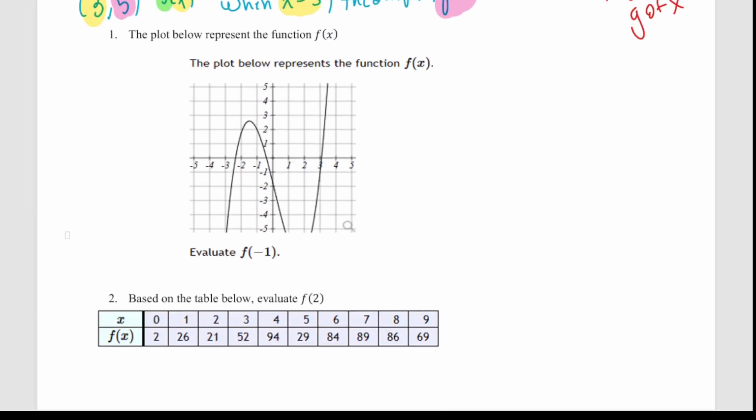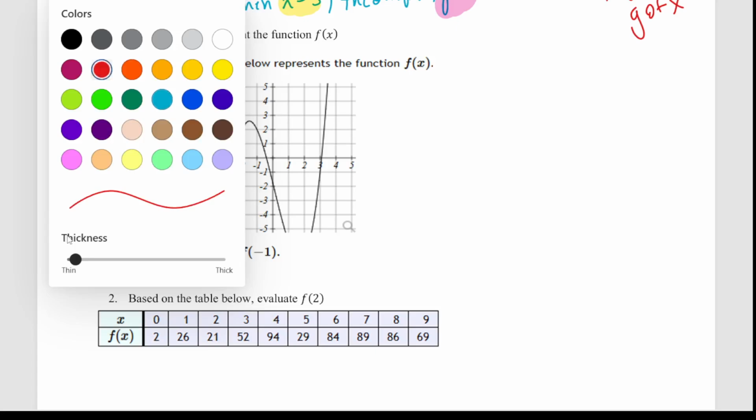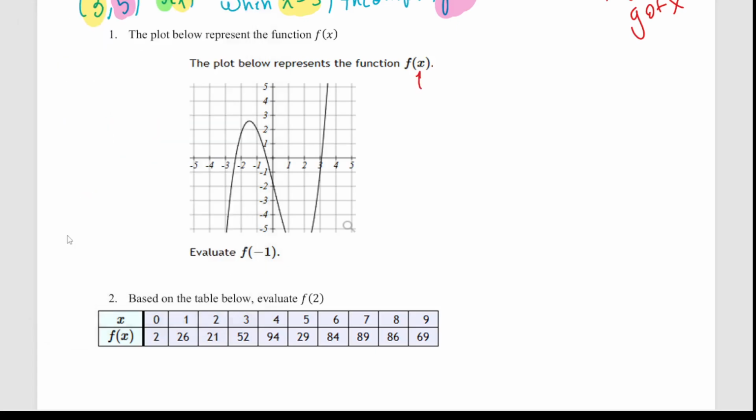You also could have a function represented by a graph, and it would be the same idea. So in this case, if they're calling this graph f of x, that means x is our input. The function is called f, which is the most common name of the function. And if they're looking for f of -1, that's looking for when the input is -1.